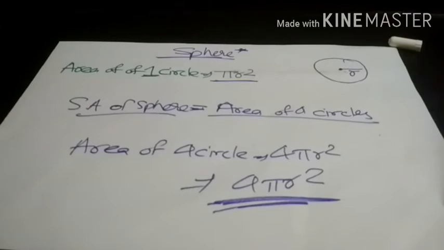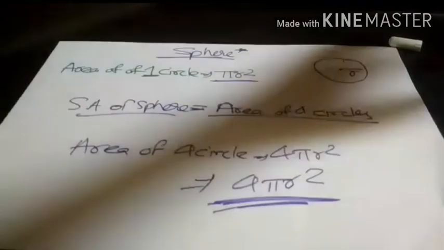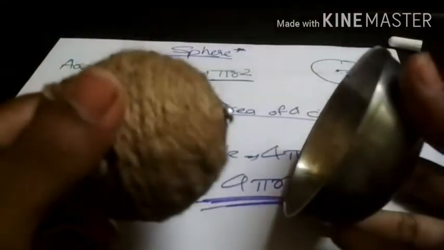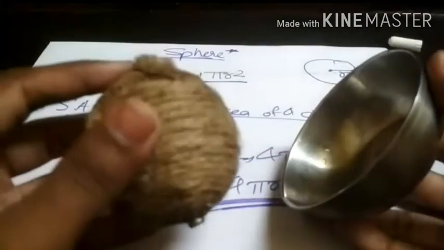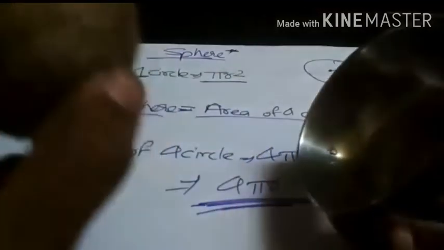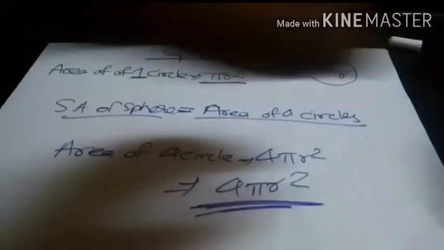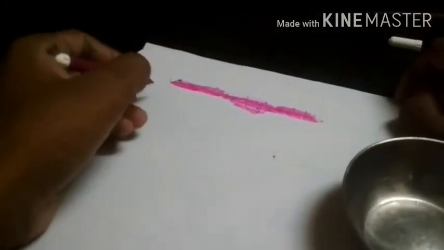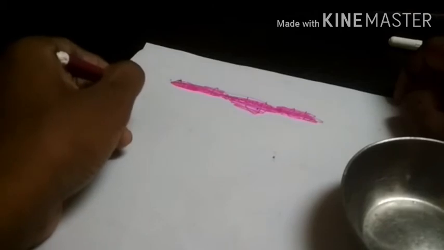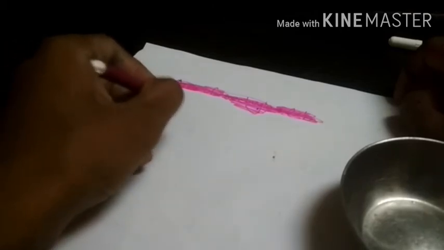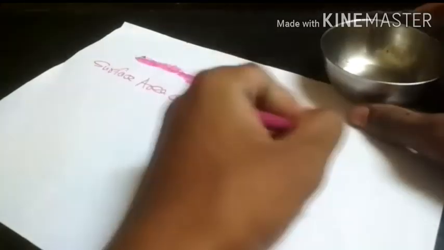Easy. There is only one 3D shape left, that is hemisphere, the half of a sphere. Like the sphere, it also requires radius only, so we'll acquire its total surface area and curved surface area. The surface area of sphere was 4 pi r square.